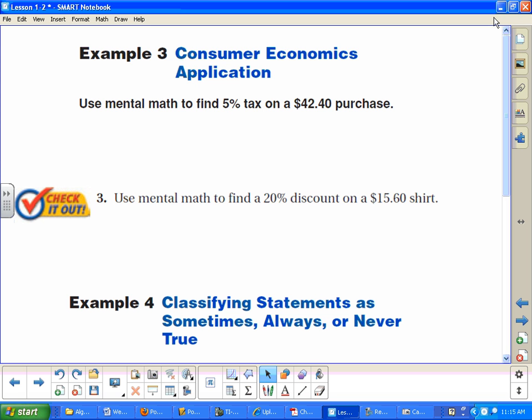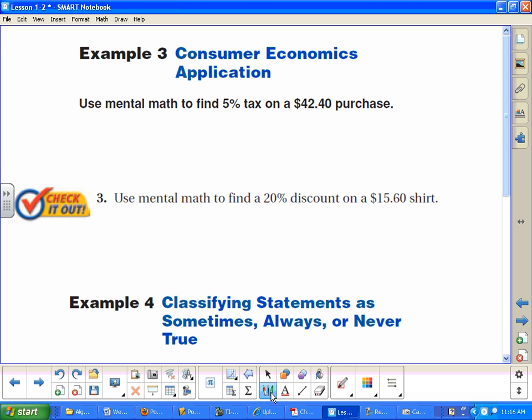Now, a 5% tax on $42.40. Unfortunately, Michigan uses 6%, so it's not quite as easy to figure out. But let's think about 5% tax. Well, what's the easiest percent to find? Okay, 10% is, right? Because all we have to do is move a decimal.